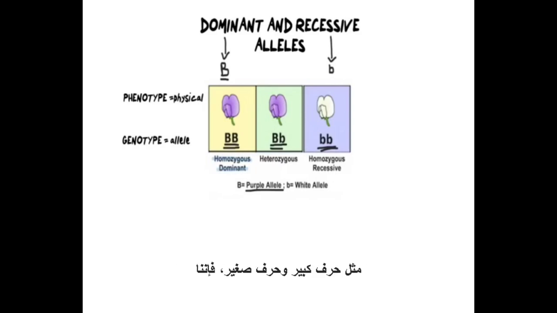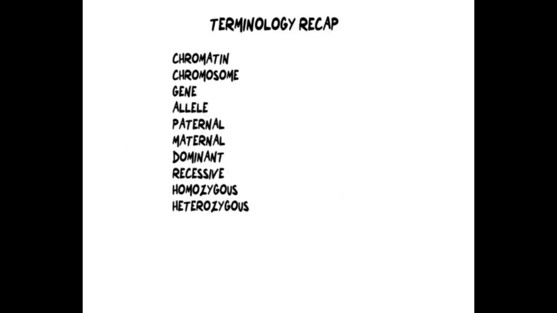If you have a mixture, like a big letter and a small letter, we call this heterozygous, hetero meaning 2 different. Now, if you have 2 smaller case letters, you still use the word homozygous to describe the genotype. However, we say homozygous recessive so that we can tell that, oh, this is referring to 2 small letters that are the same, as opposed to 2 big letters for homozygous dominant.